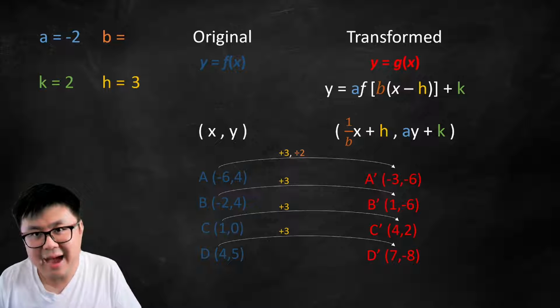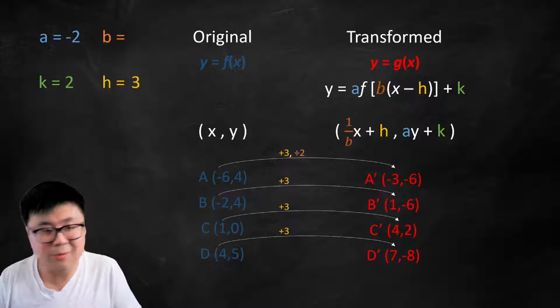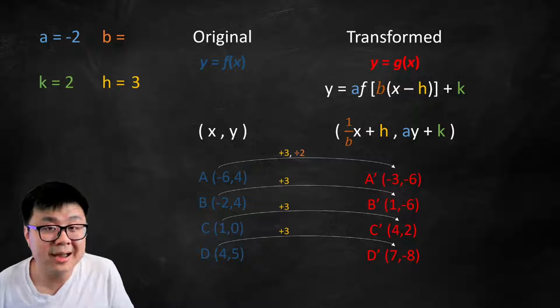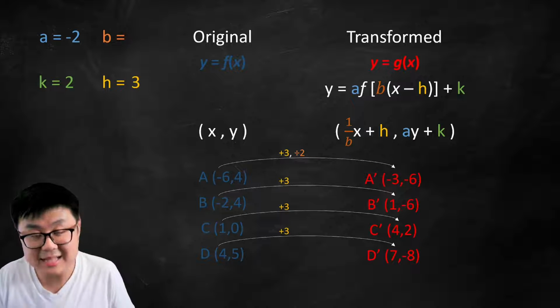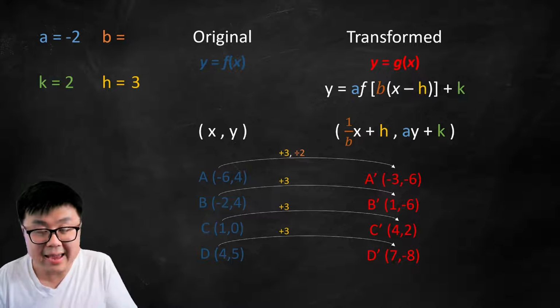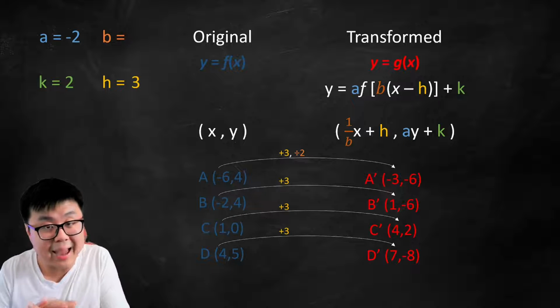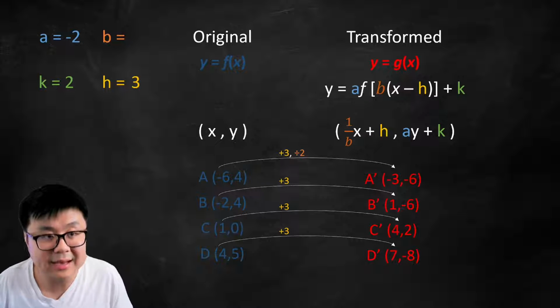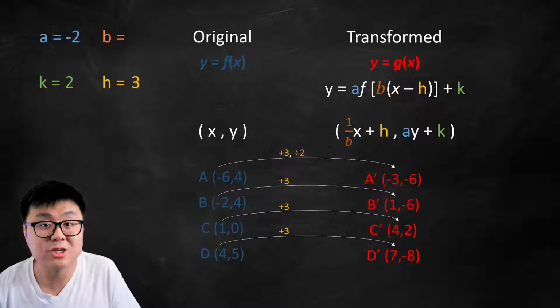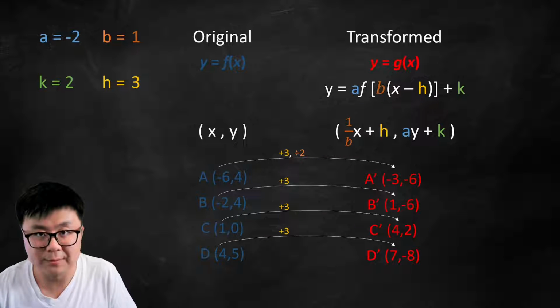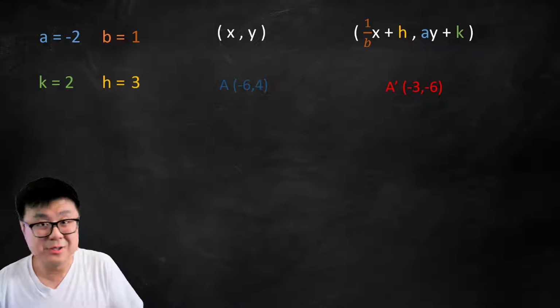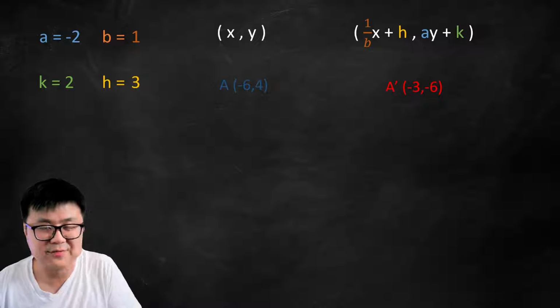Having said that, you can take it one step further and think, well, in this case, I can't really afford to have any crazy b values because that's going to mess up my numbers. I can only add 3 to it. I cannot do anything else by multiplying it to x, which means my b value should actually be the default, which is just 1. Conversely, you can also solve for the b value if you know your h value is 3.